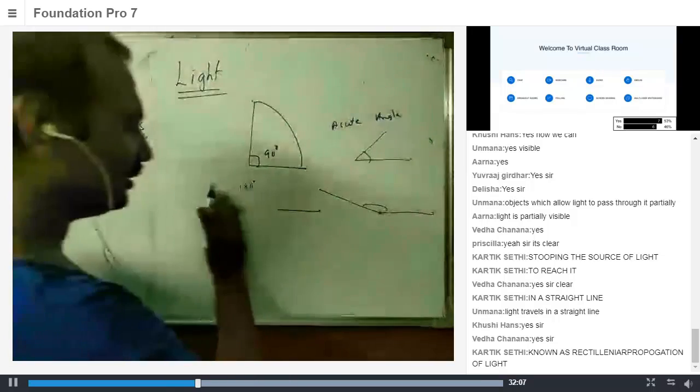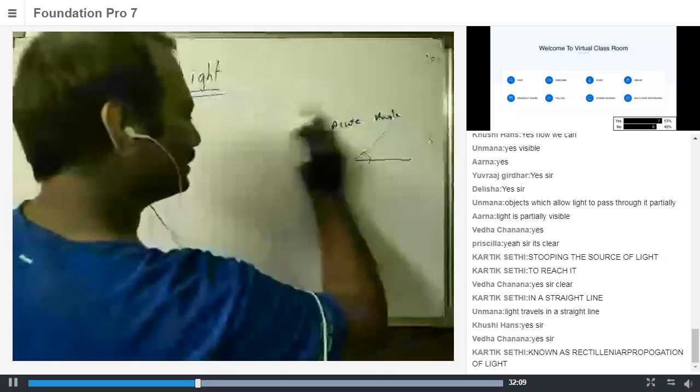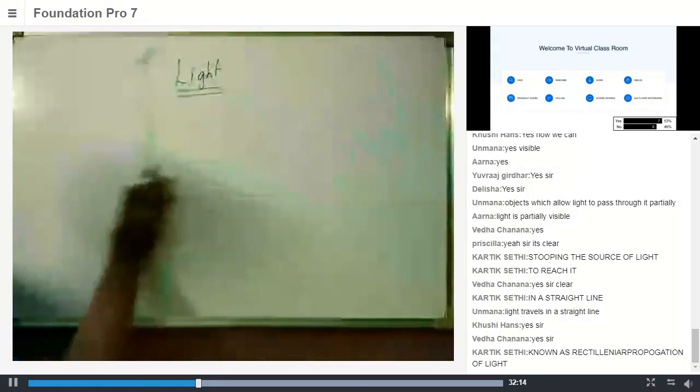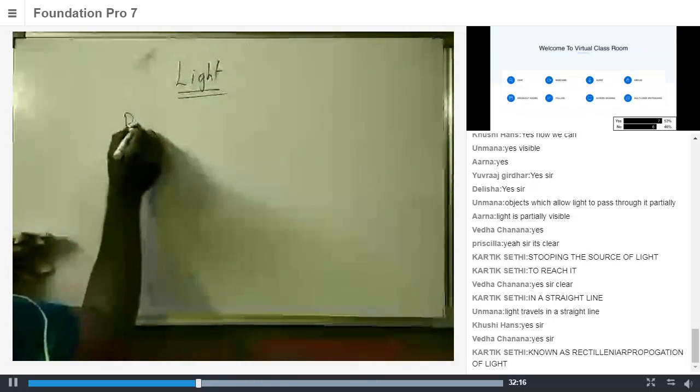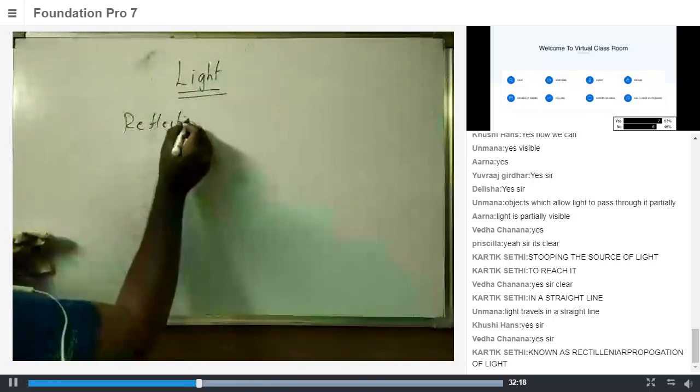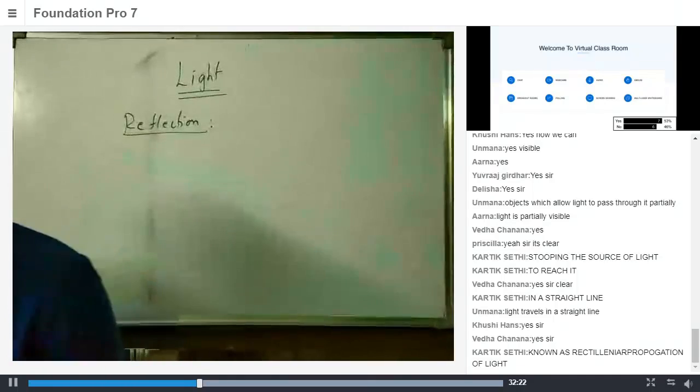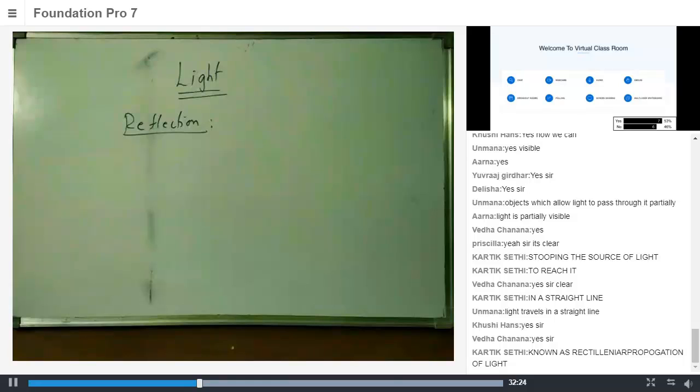Now let's see. We'll try to use these angles to understand reflection of light. What do you mean by reflection? Sir, when light falls on an object and comes back from the object, it reflects.